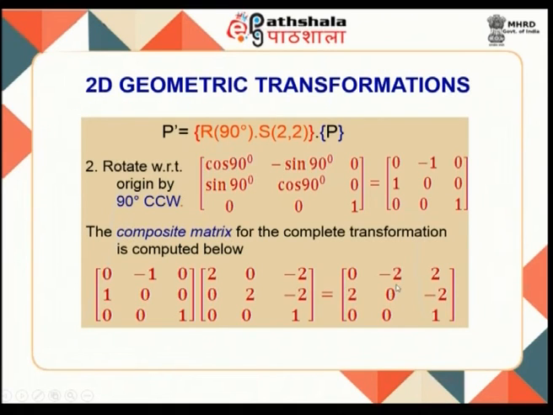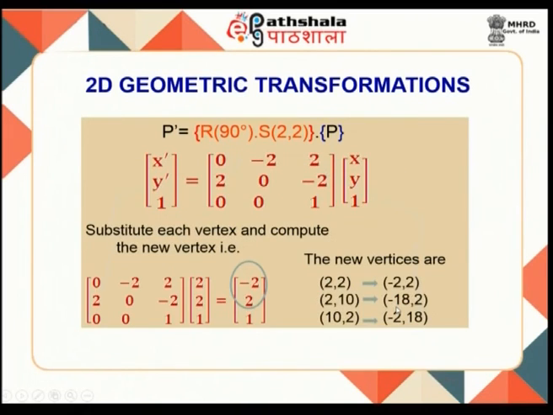So, do not do anything to the triangle yet, just get the composite matrix, and the next step is to take each vertex of the triangle, multiply with the composite matrix, and get the new vertex. Take each vertex one by one. There are 3 vertices. Take the first vertex, say (2, 2), and you get (−2, 2).